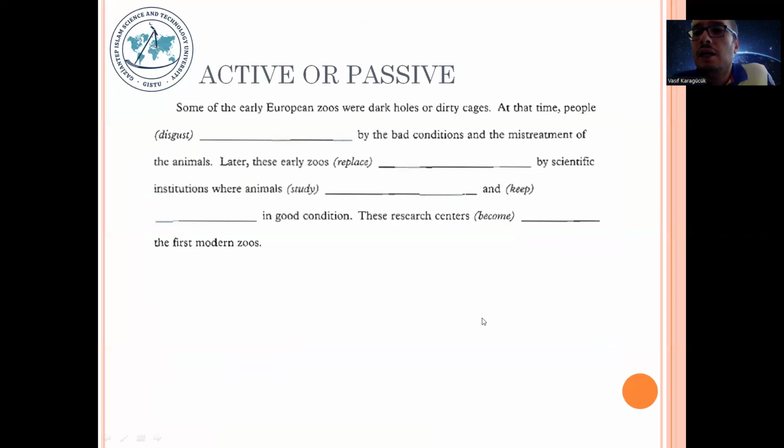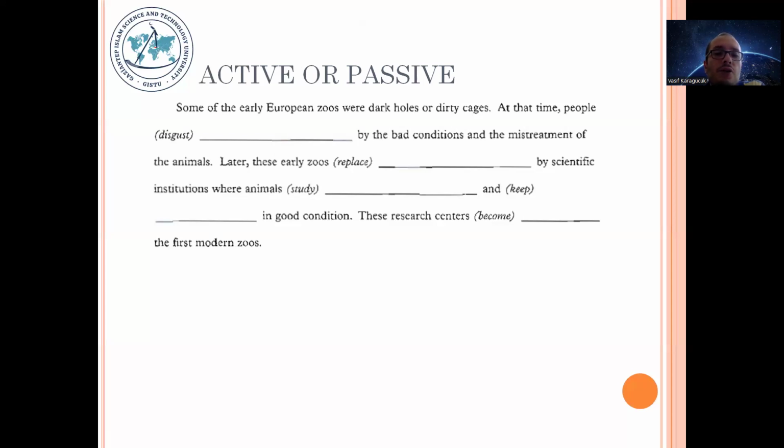It will be much easier for you. In here, we are going to decide whether the sentences are passive or active. And if the sentences are passive, we have to use the verbs in the correct tenses. So, let's do it together.